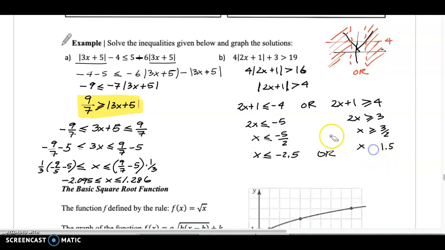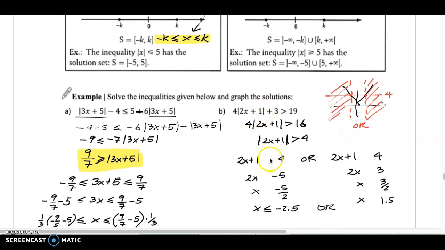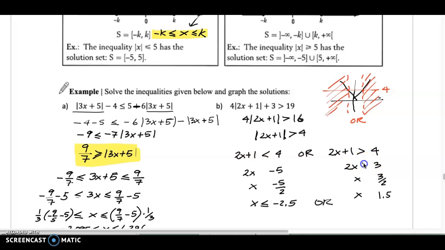By checking, I noticed that this should be less than, and this one's greater than, right? That's what I had. Boom, boom, boom. This one less than, and we got it. That's how you do that, and you're good to go.